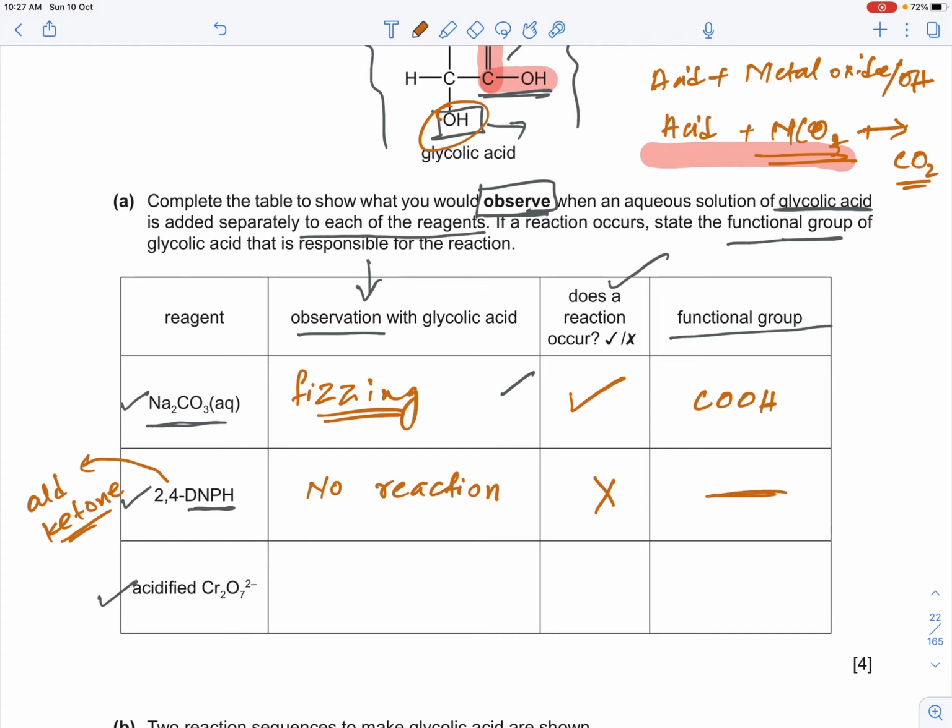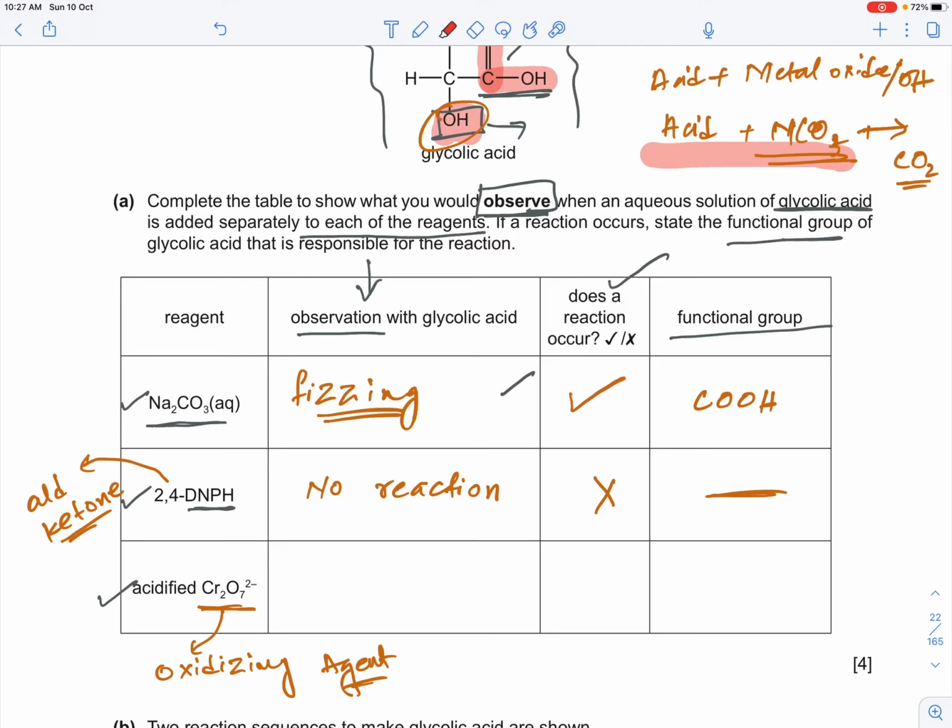Then acidified dichromate. Now dichromate is an oxidizing agent, and this will oxidize the alcohol, or OH part. Acids cannot be oxidized by dichromate.